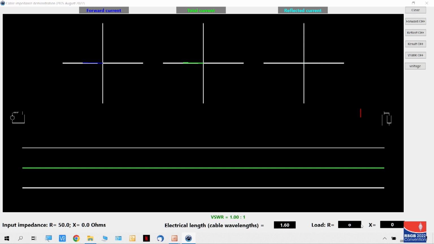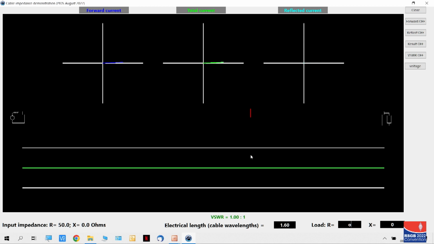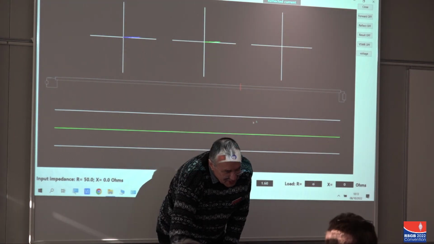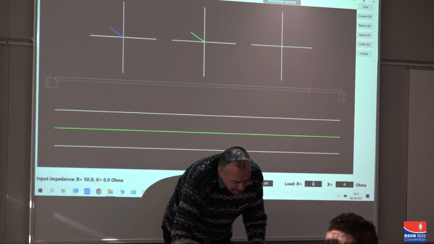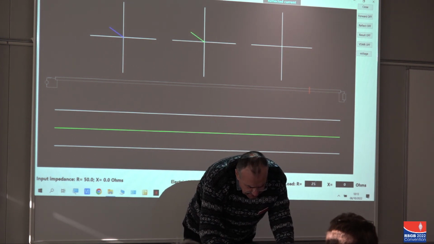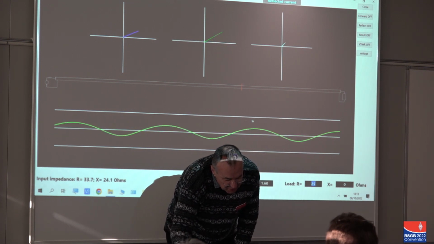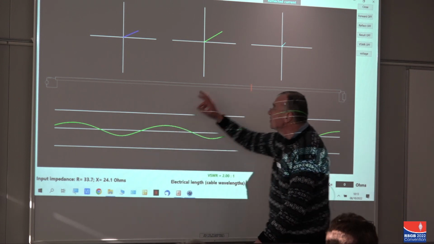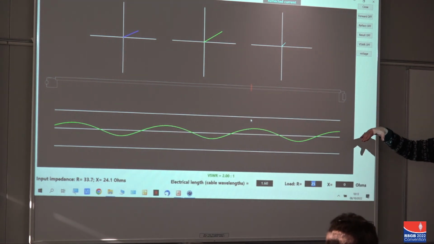If I put 0 back in here. Oh, all right then. Okay. So just to pass that by. Let's put in 25 ohms there, shall we? Okay, there we are. So it's a light blue phasor representing the reflected current.